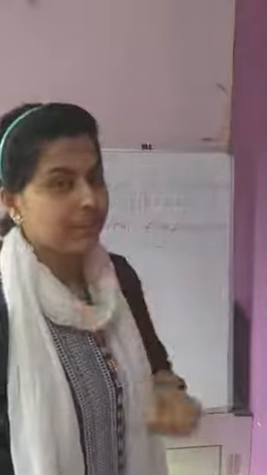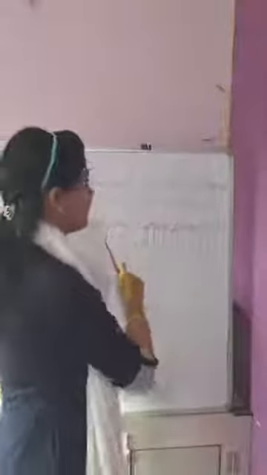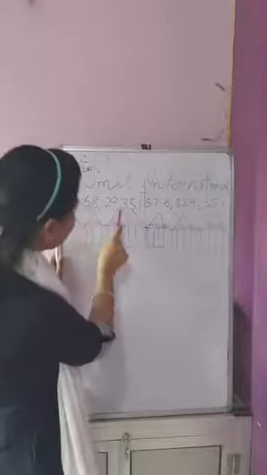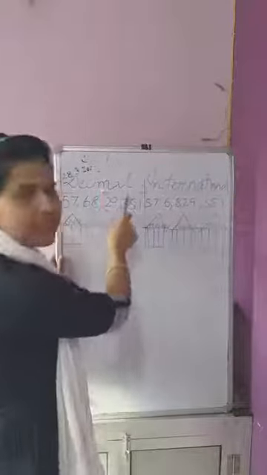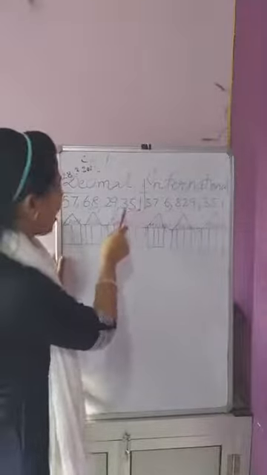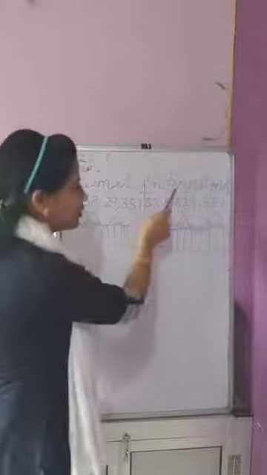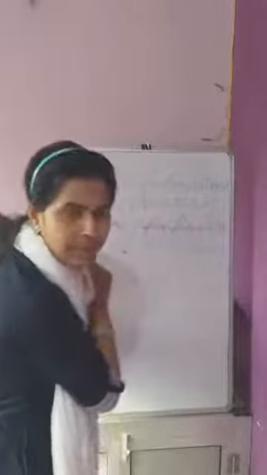What is the basic difference? The difference is in many things. First difference is in commas. Here you can see, as in the decimal system we give a comma after every period, in this also we'll give a comma after every period. But there is a difference in periods, and that you have to understand.